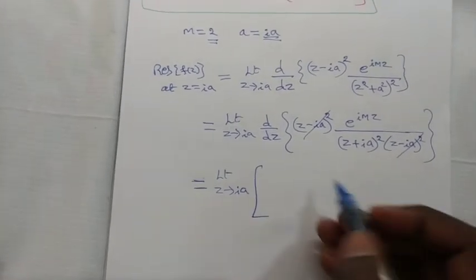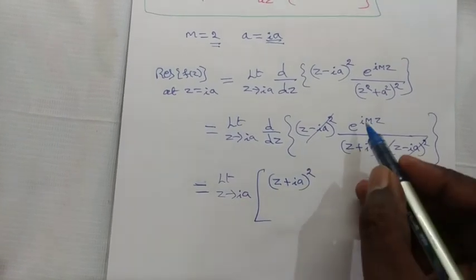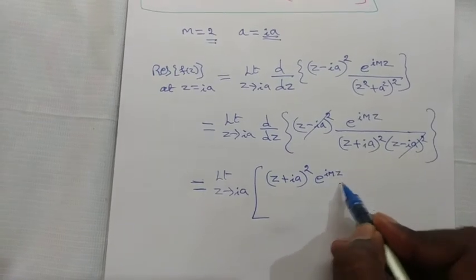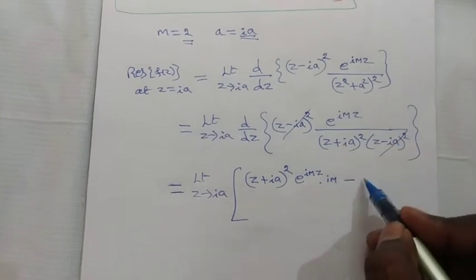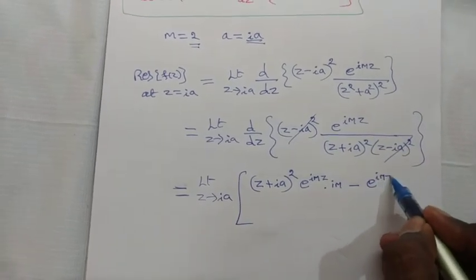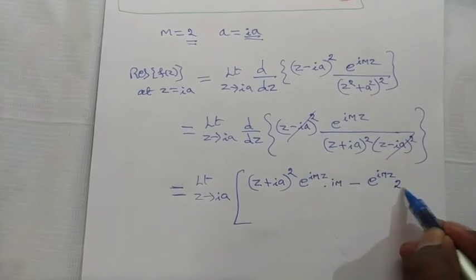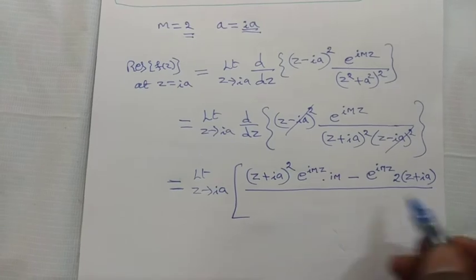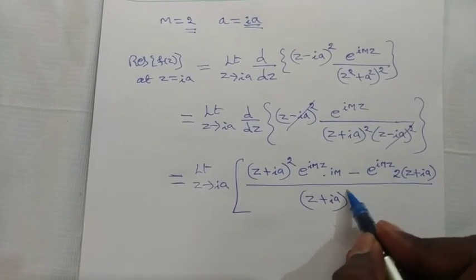What is the u by v method? v into differential of u, e power imz has the differential e power imz into im, minus u into differential of denominator, x square differential 2x, so 2 into (z plus ia), by denominator whole square, (z plus ia) the whole power 2, so 4.